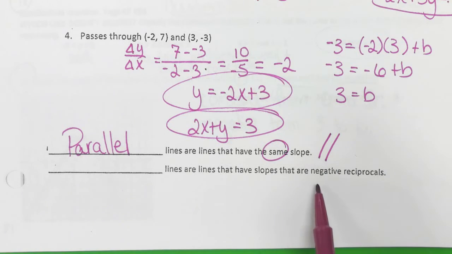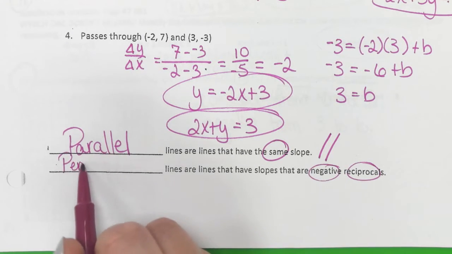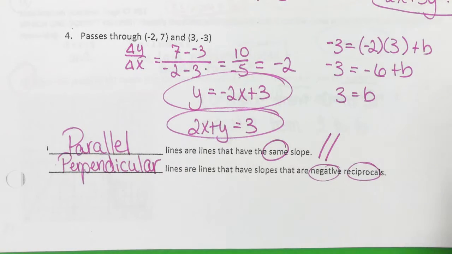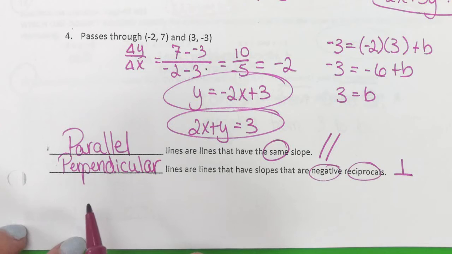All right, what kind of lines have negative reciprocals? Perpendicular. It's an upside down T. But if you continue the line, it makes an X. When you graph them, they do make an X. Some of them are kind of jacked up X's, but they are an X.